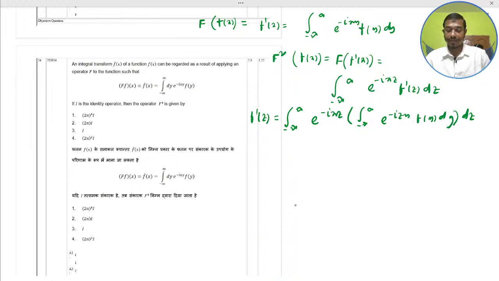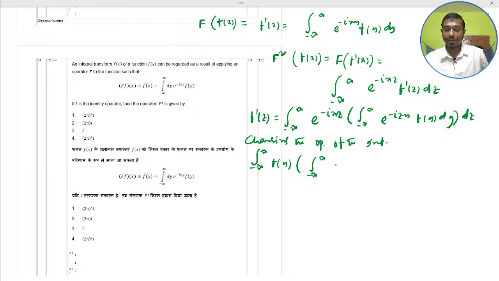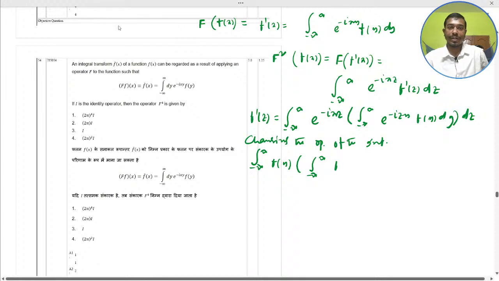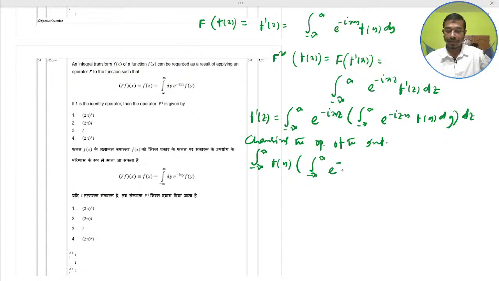So now changing the order of integration, that would be the integral minus infinity to infinity f(y) times integral minus infinity to infinity exponential minus i(x plus z)y dy dz.